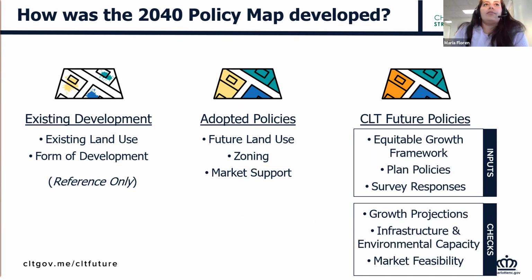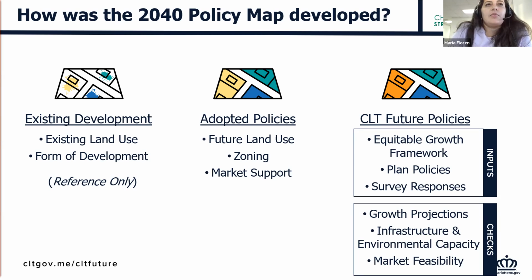So there were several data inputs used in each of the 3 mapping steps. We'll focus on the inputs for the adopted policies and the Charlotte Future 2040 policy map, since those 2 steps informed today's draft map. The major inputs for the adopted policies map include future land use recommendations from area plans adopted since 2010.